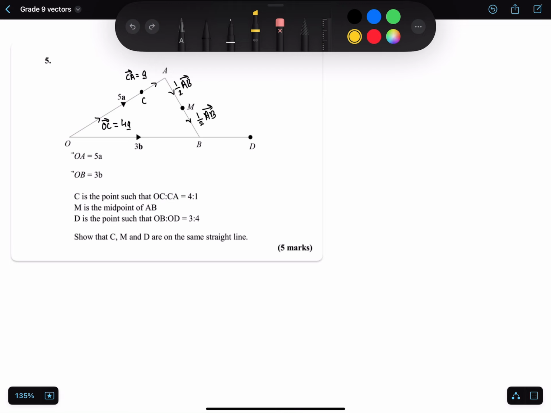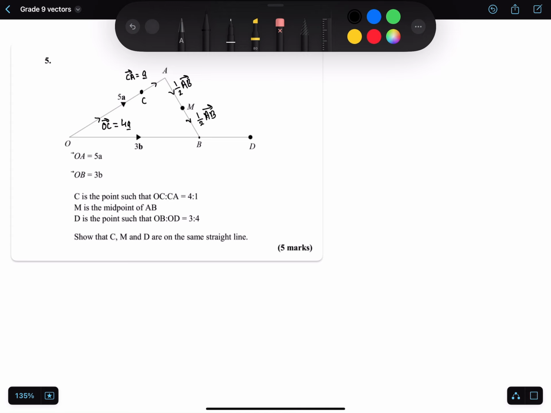Essentially, you know that OD, the entire line, has 4 parts in it, and the line OB has 3 parts in it. What that means is that we know that one part would be just b because we do 3b divided by 3, and therefore when we multiply it by 4, we get that the line OD can be denoted by the vector 4b.